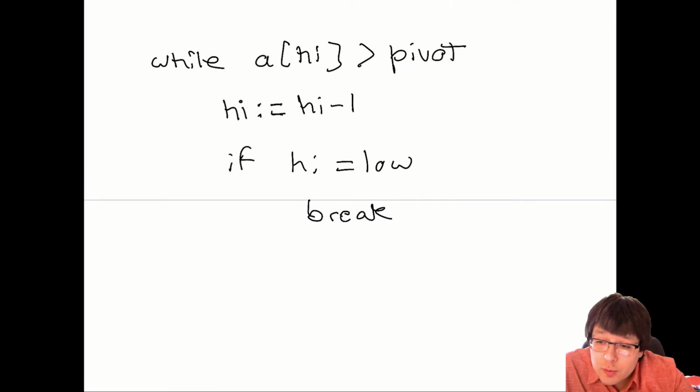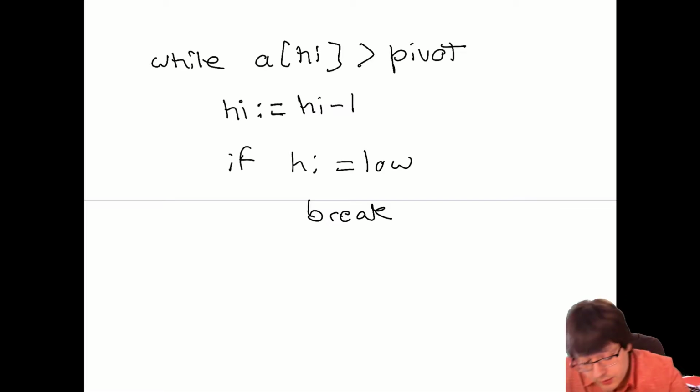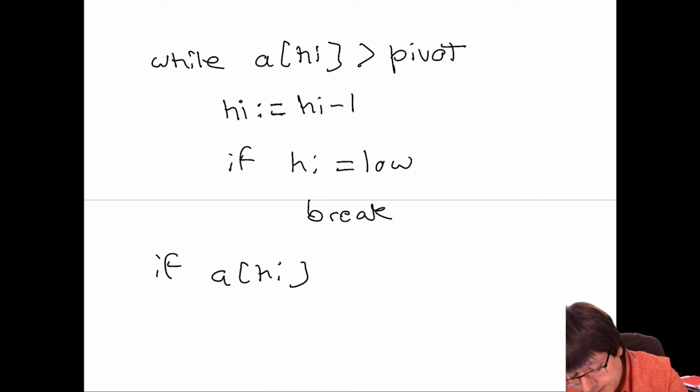Once we're out of the loop, there's two possible scenarios that we have to consider, okay? Again, the scenario where high and low are equal, or the scenario where we found something to swap it with. So we can do that with a simple if statement. We can say if A high is less than or equal to the pivot, then you can swap it.